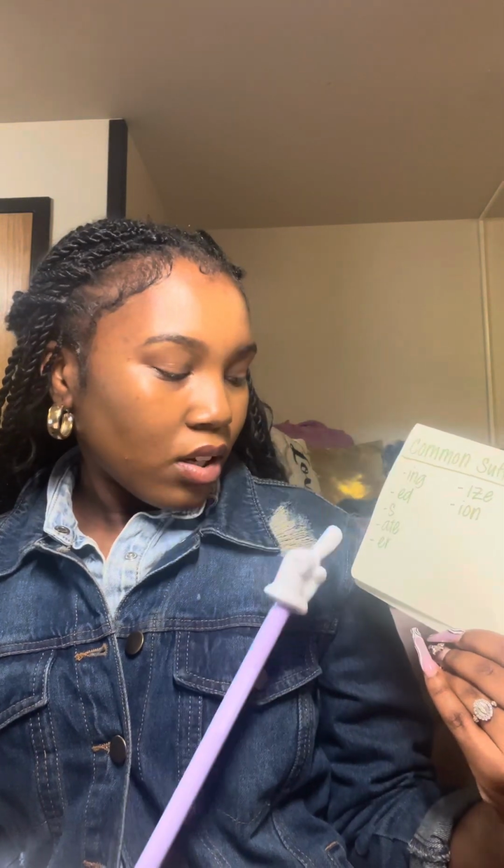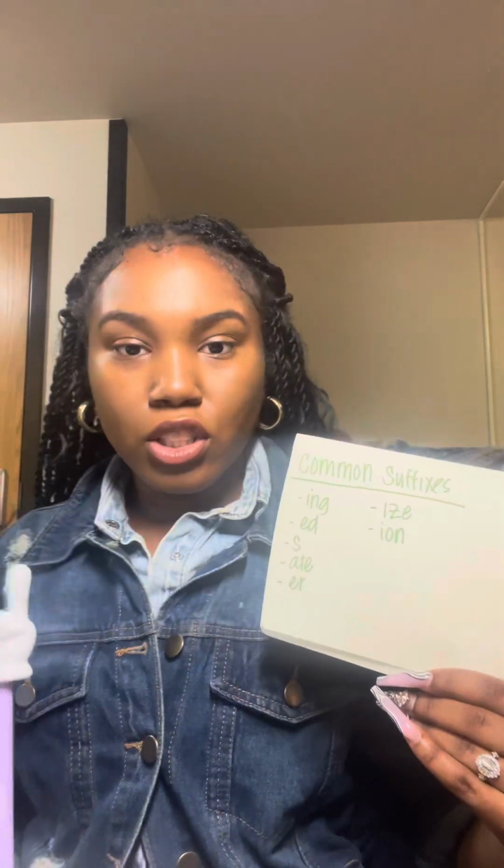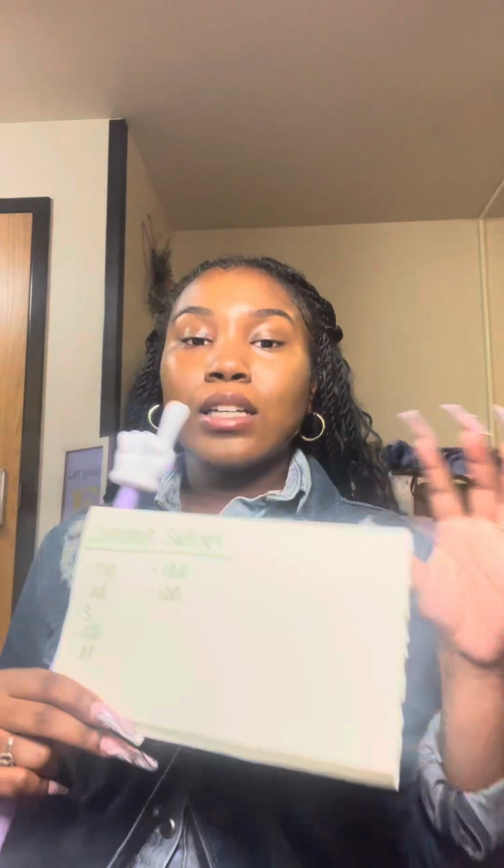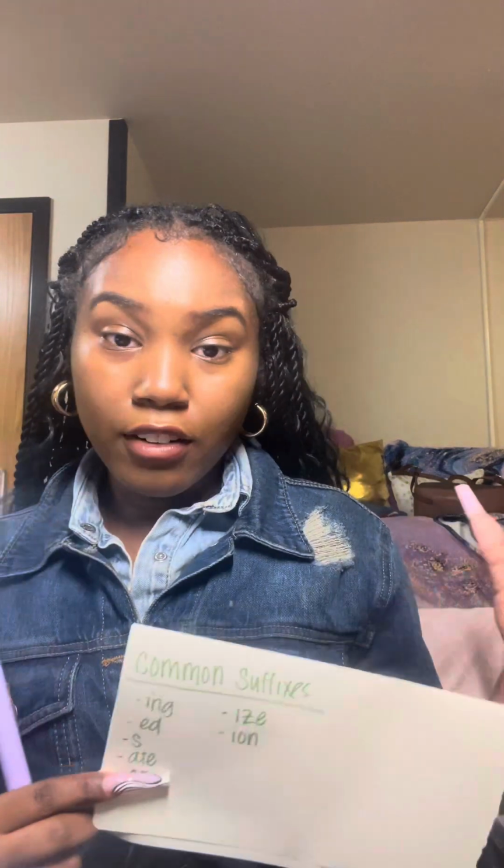We have ate on the end of the word, such as passionate. We have er, which makes it like a person, such as cooker. And we have ize, such as realize, and ion, such as reaction. So here are a list of common suffixes and prefixes.